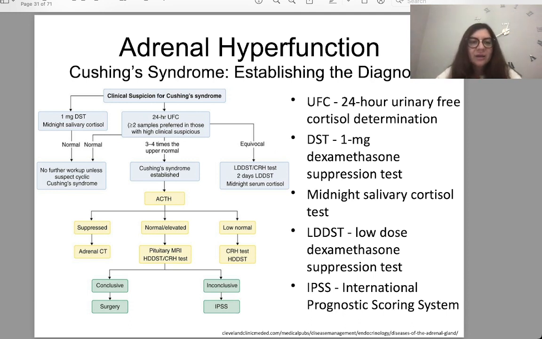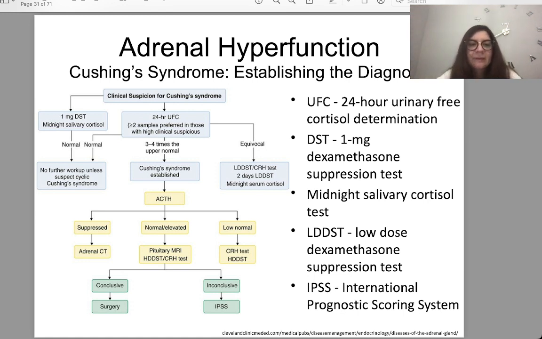And by the algorithm, you see that in case of clinical suspicion, we do 24-hour UFC. According to its result, additionally we can do 1 mg dexamethasone test. If both of them are normal, there is no further workup.